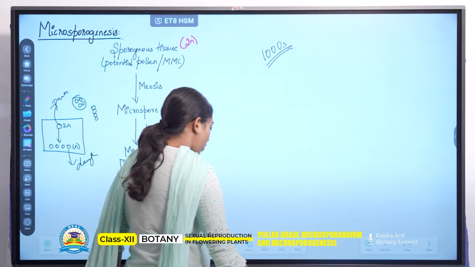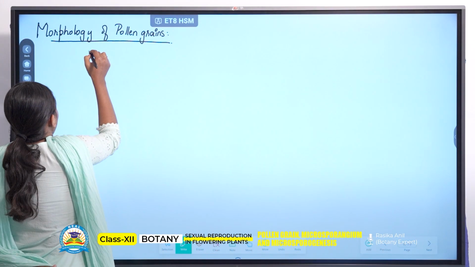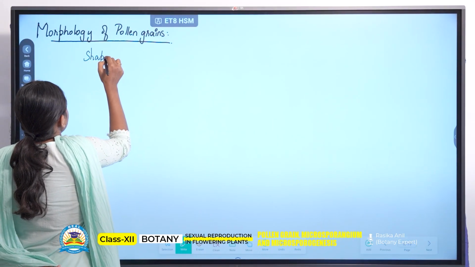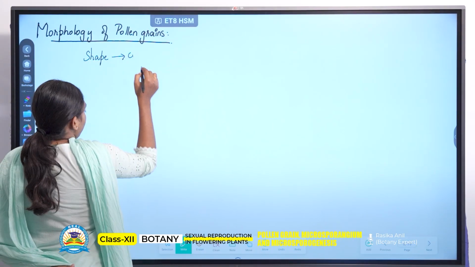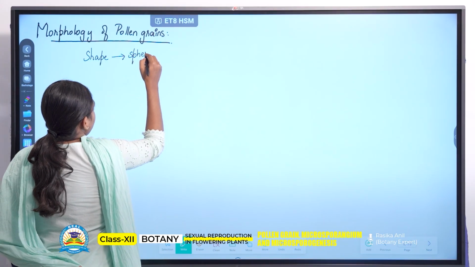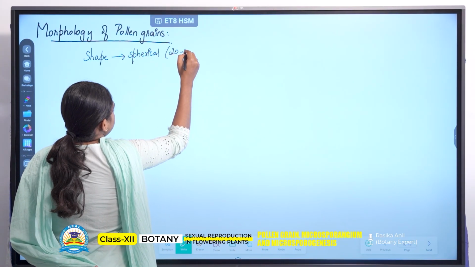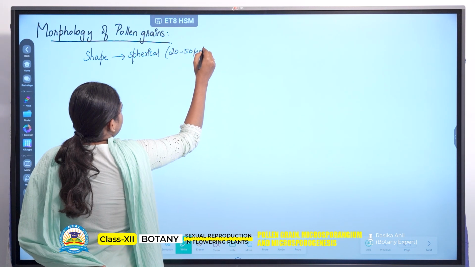Now let's move on to the morphology of pollen grains, starting with the shape. Pollen grains are circular, or let me say spherical. And what will be the diameter? It is 20 to 50 μm in diameter.